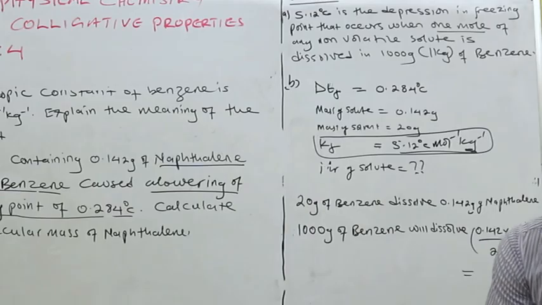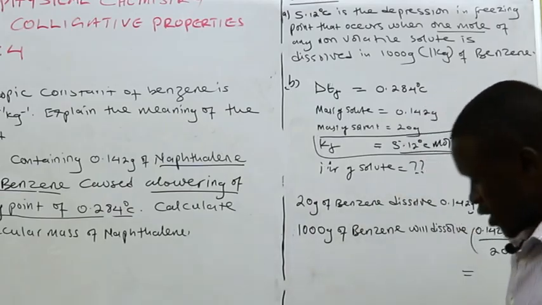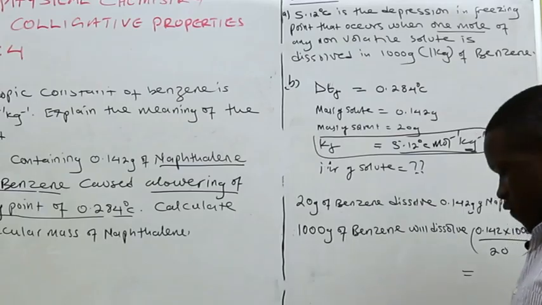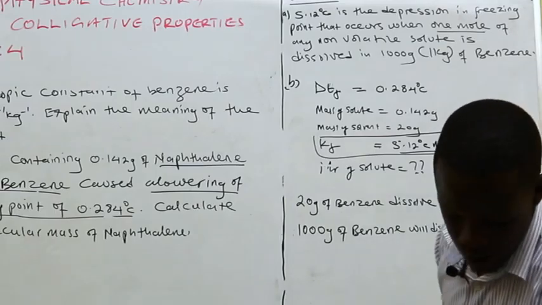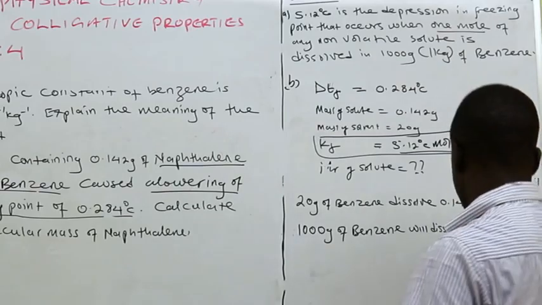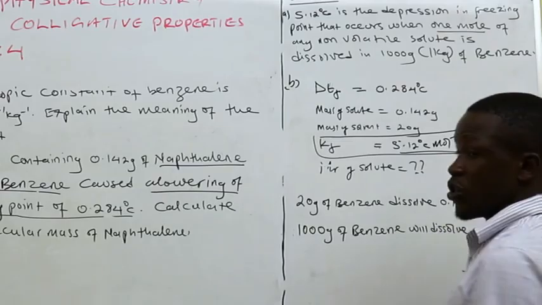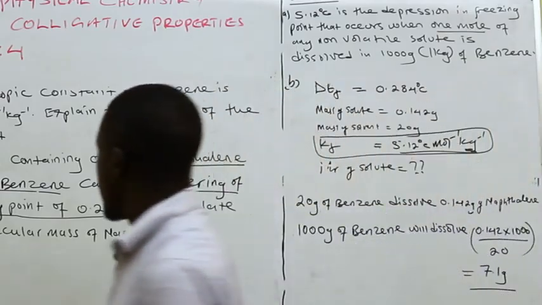Let's get our calculator and find out. So we have 0.142 times 1000 divided by 20. We get 7.1 grams. So in 1000 grams, we would have 7.1 grams of naphthalene.